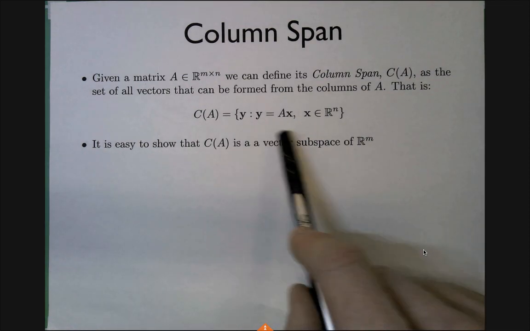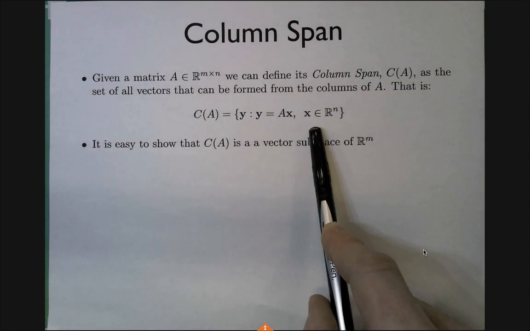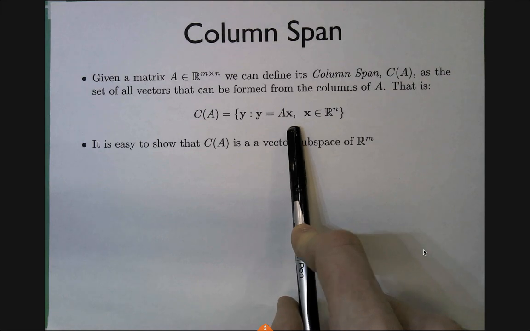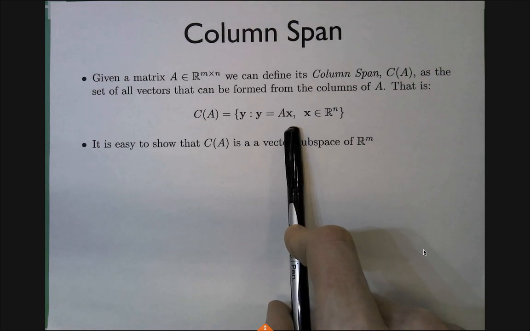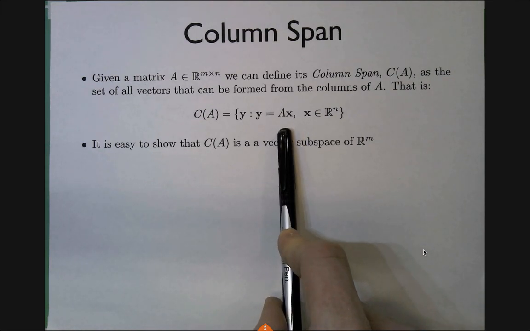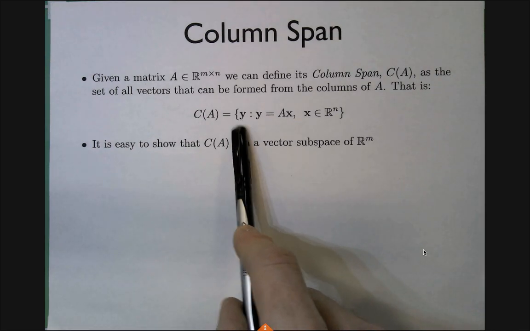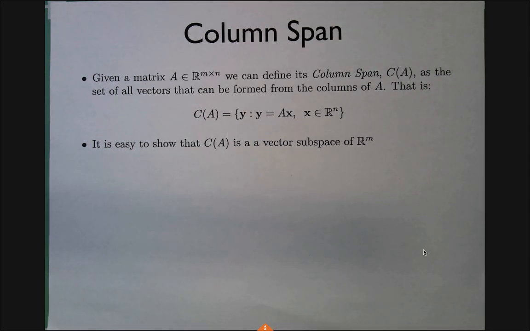Formally written, I pick any x, I do A times x, and you know that this is just taking a linear combination of all the columns of A. All the vectors this generates are called the column span. And it's easy to show that this is a subspace.